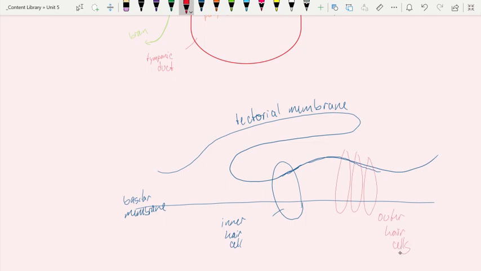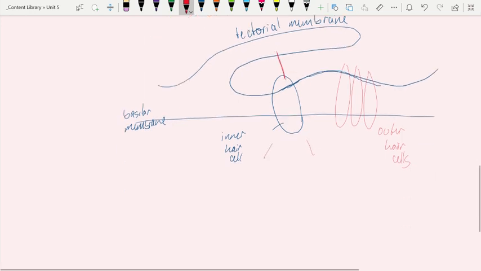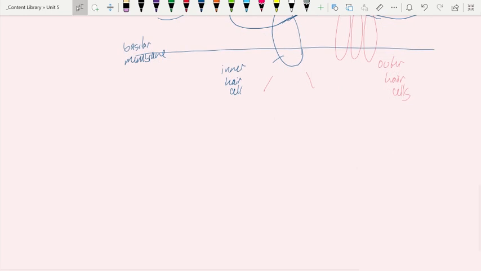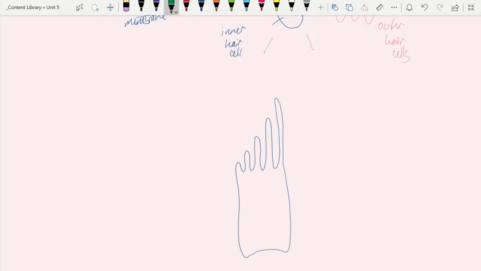This inner hair cell is what we're really focused on. If we look at how this hair cell is designed, right up here on top it's got a long branch that we call a kinocilium that's embedded into the tectorial membrane. If we zoom in on that cell, we get a cell that maybe looks like this, labeled once again.